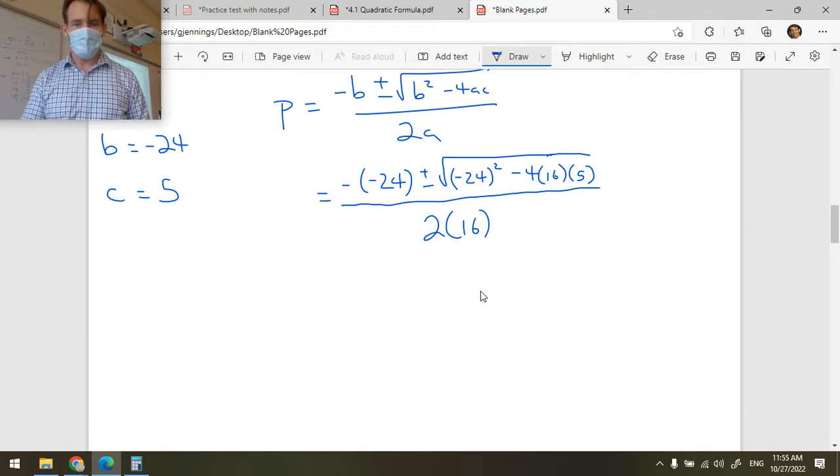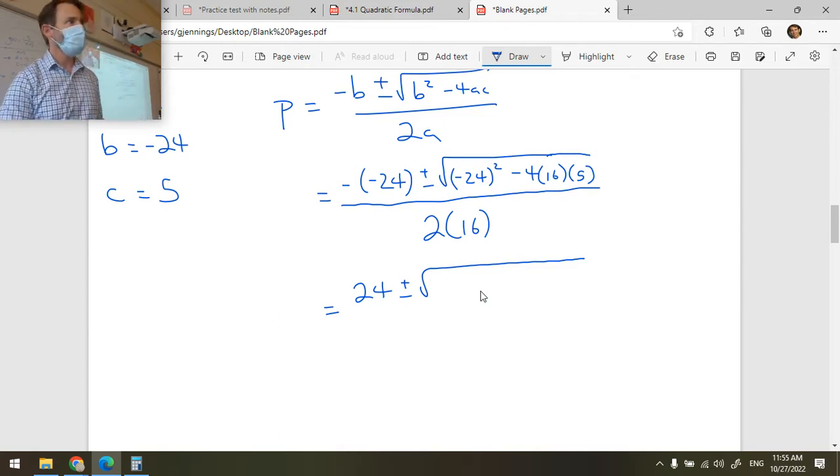So now we solve this. Negative negative 24 is 24, plus or minus, and then work out what's inside the square root. 24 squared, working it out in your head, gives 576, I believe.